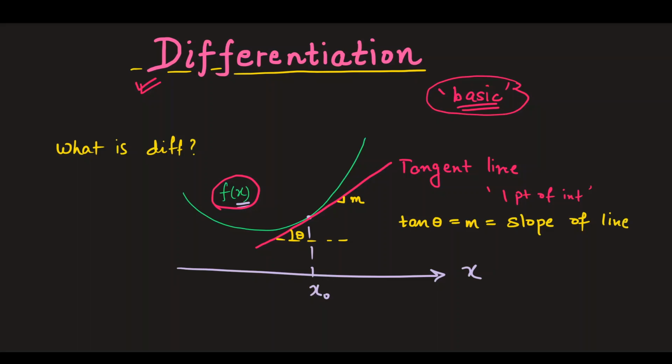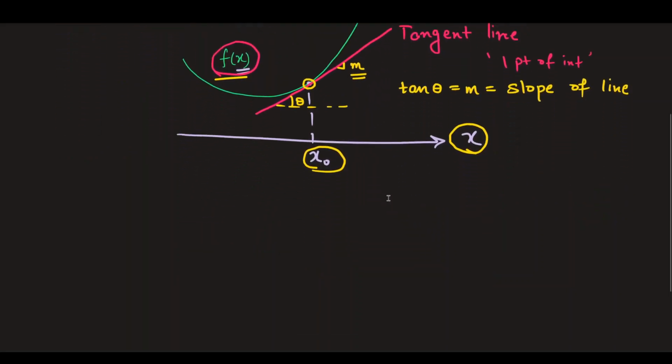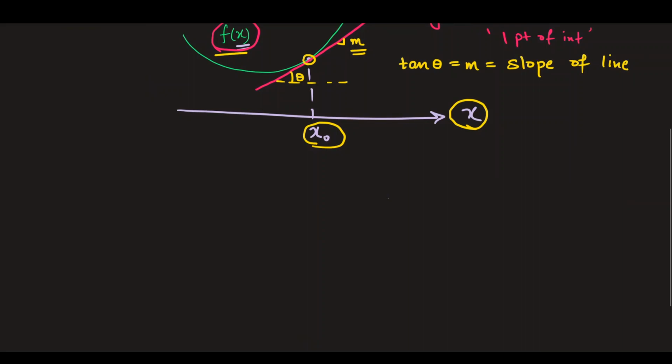So the differentiation of f of x with respect to the variable x is equal to the slope of the tangent line drawn at x naught.